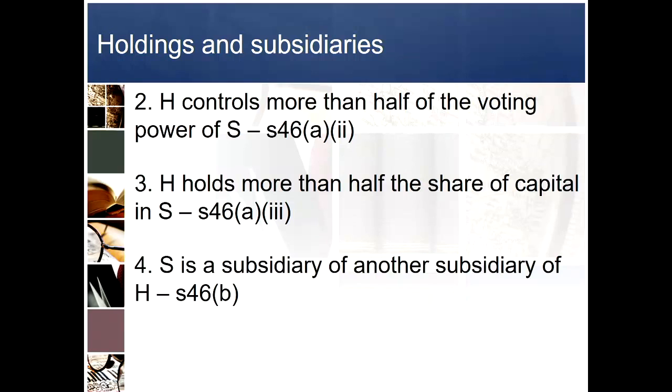Except, actually there's probably a couple of exceptions. Everything we said tonight about frauds and shams. If you can show under section 588V that the board of the holding company knew that the subsidiary was insolvent and continued to trade, then the holding company will be liable for the debts of the subsidiary.